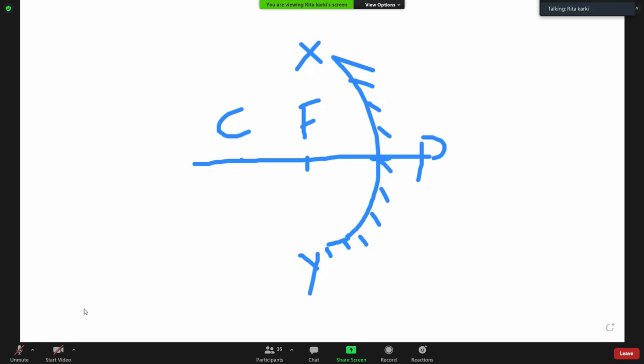Now, after we have drawn the spherical mirror, this is the spherical mirror that we have here. There is the principal focus, there is the center of curvature.